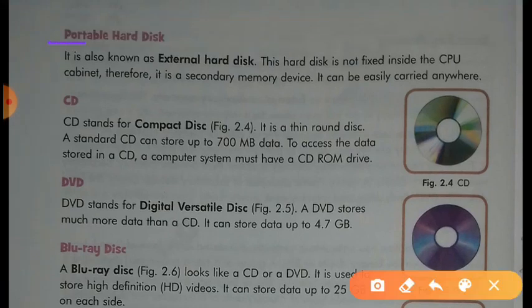The first topic is portable hard disk. Dear students, portable hard disk is also known as external hard disk, because this hard disk is not fixed inside the CPU cabinet.